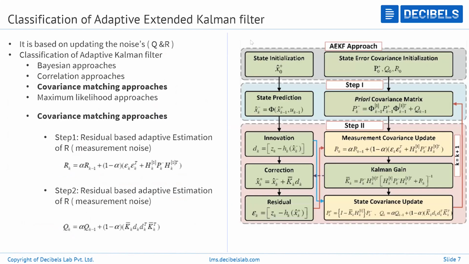By introducing some steps, we call it a residual based adaptive estimation and a residual based innovation estimation. A small mistake here. One is the residual based adaptive estimation and the other is the residual based innovation estimation.